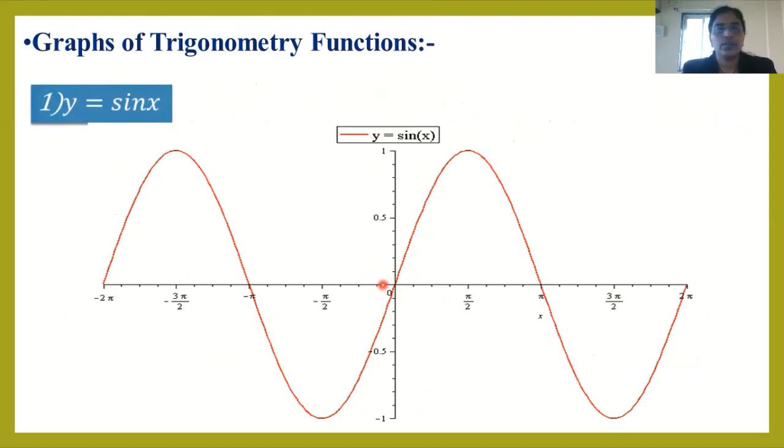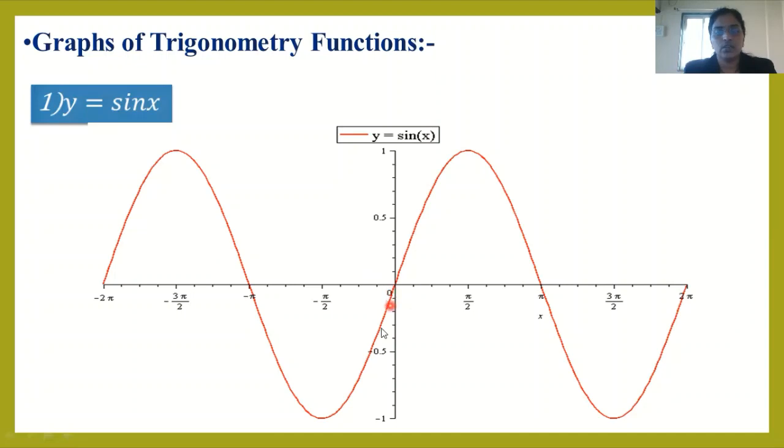We know the trigonometric values: sin 0 is 0, sin pi by 2 is 1, sin pi is 0, sin 3 pi by 2 is -1, sin 2 pi is again 0.